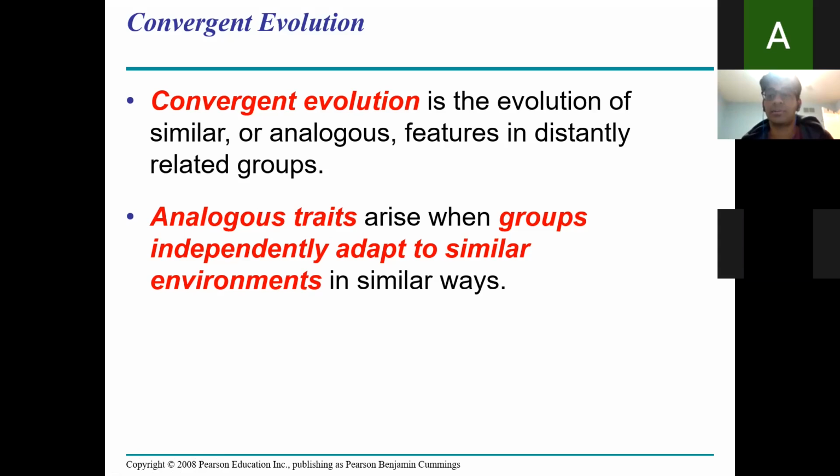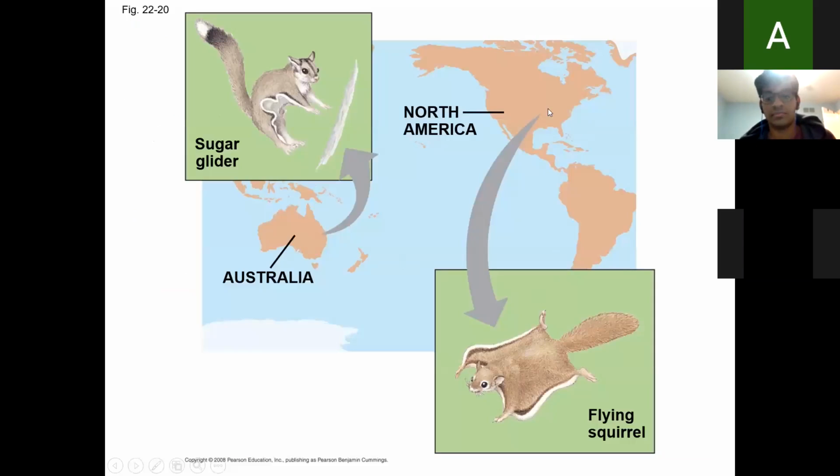They both ended up being able to fly. They both basically have wings, but birds are birds and bats are mammals. They're completely different species, but they face similar circumstances and they got to that position. This is just two squirrels in very different areas that developed similar things.